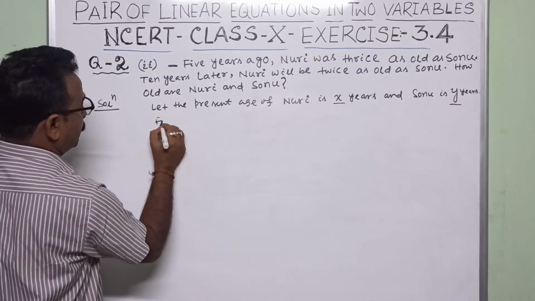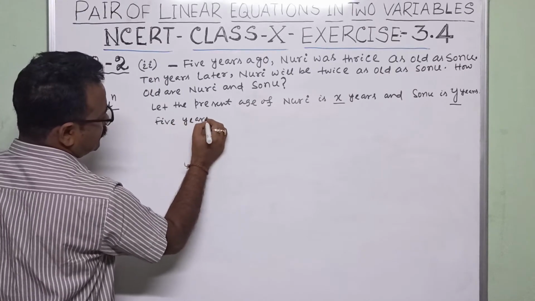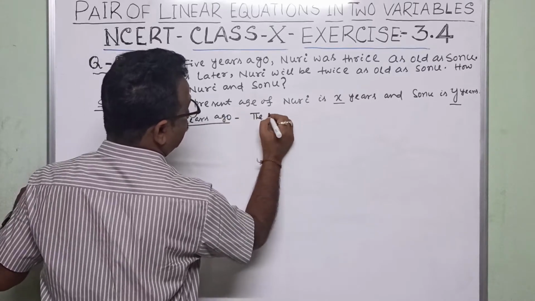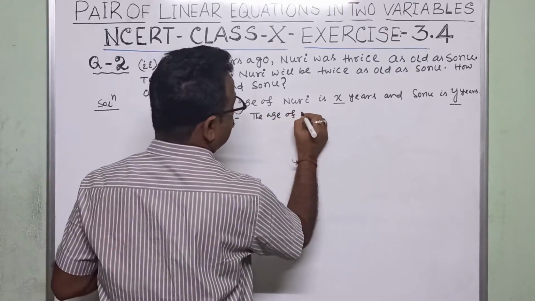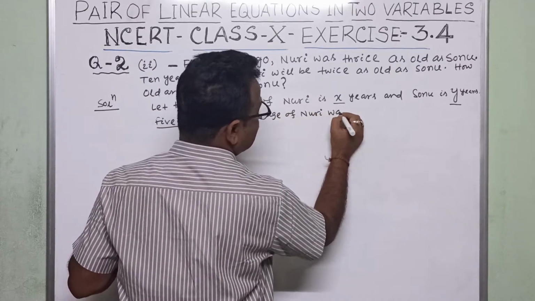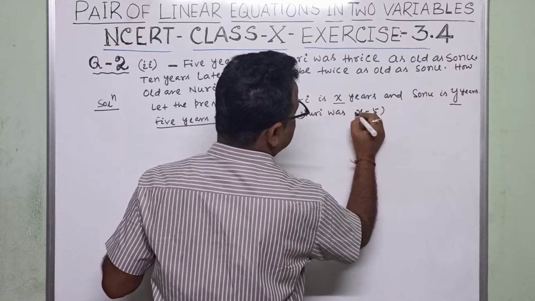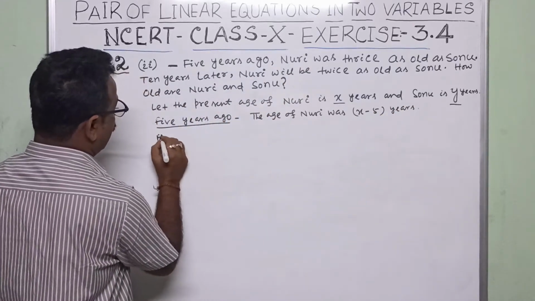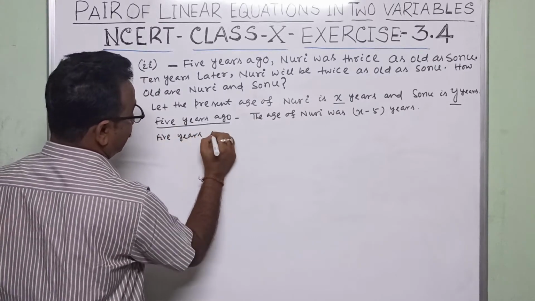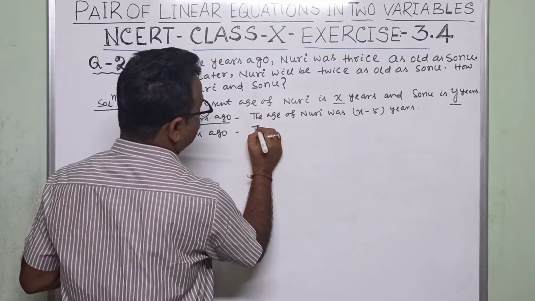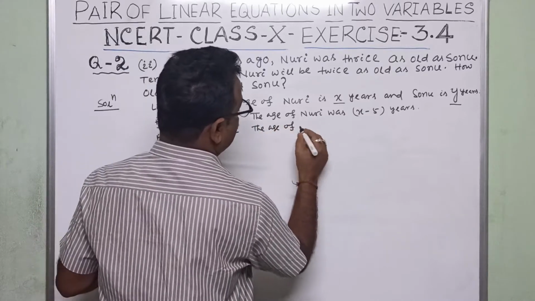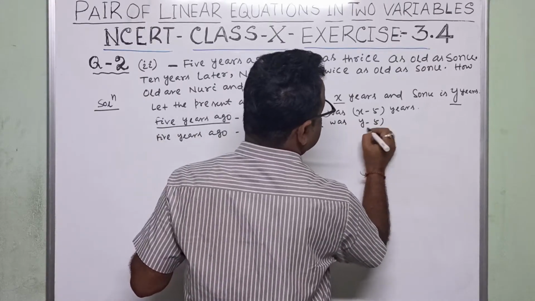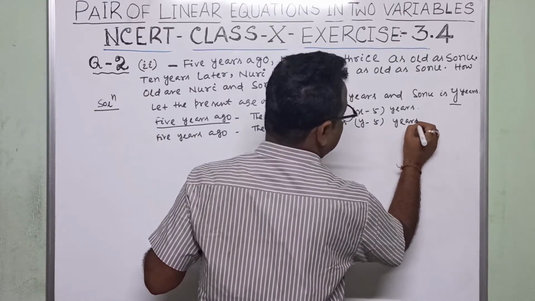5 years ago, the age of Nuri was x minus 5 years, and the age of Sonu was y minus 5 years.